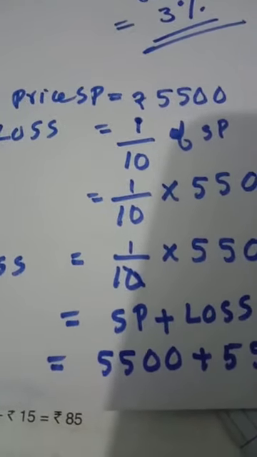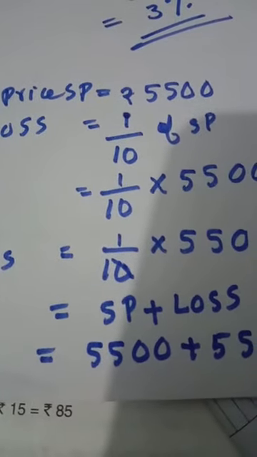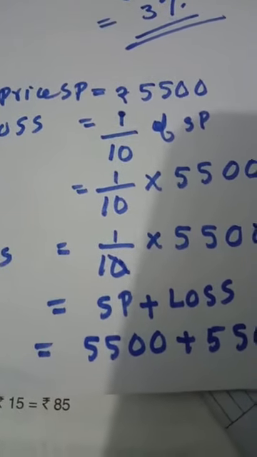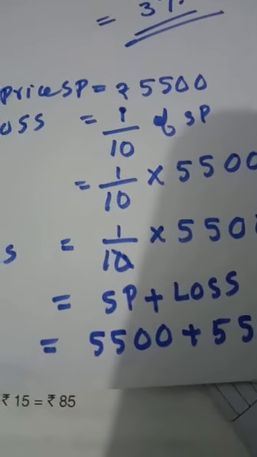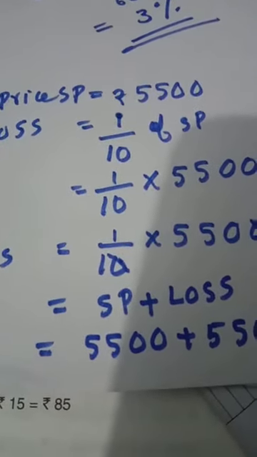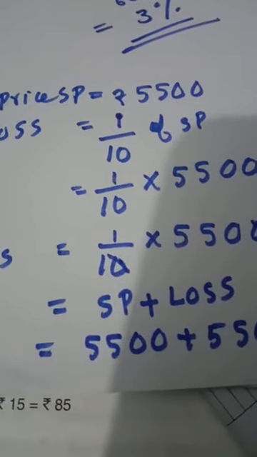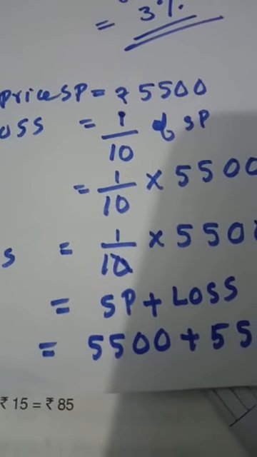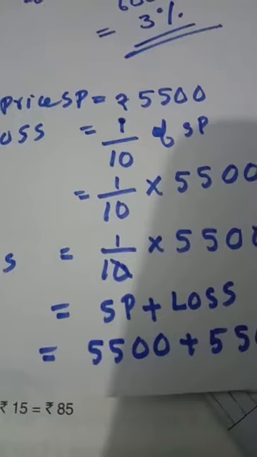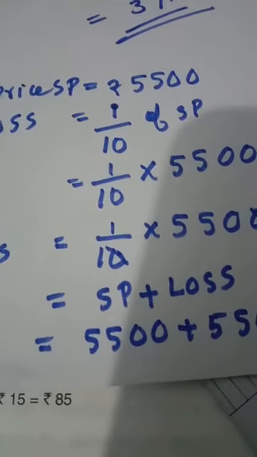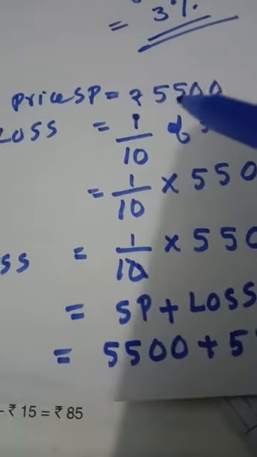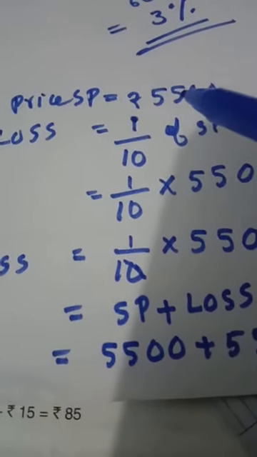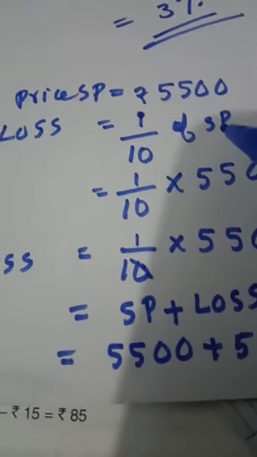When we sell anything at a lower price than CP, we obtain a loss. Here, loss means SP is always less.